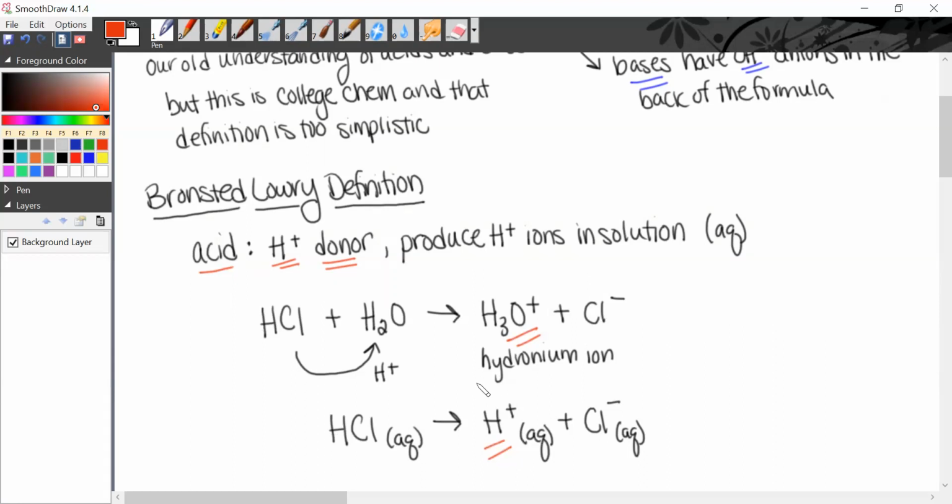Now, I'd like you guys to notice that the arrow that I drew for both of these reactions, which are saying the exact same thing, I only drew one-way arrows. I did not draw an equilibrium. The reason why I did not draw an equilibrium here is because HCl happens to be a strong acid. What I mean by a strong acid is that it totally dissociates.